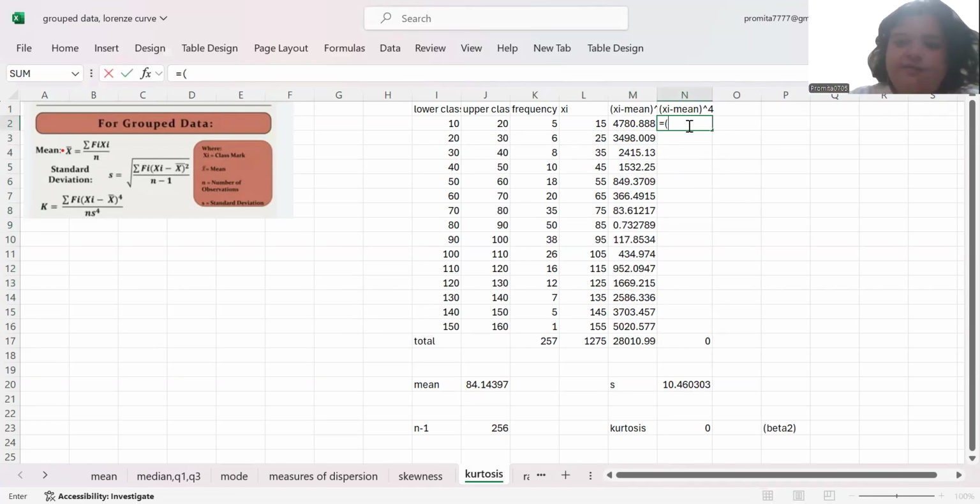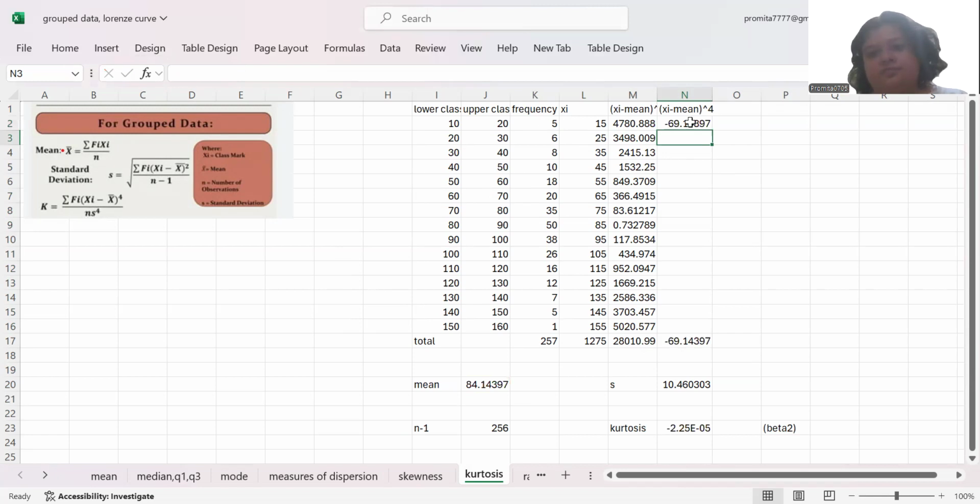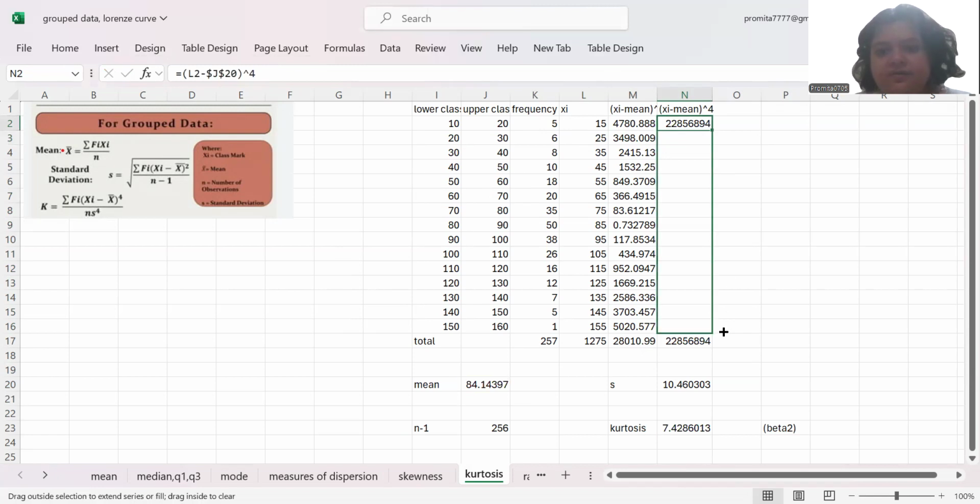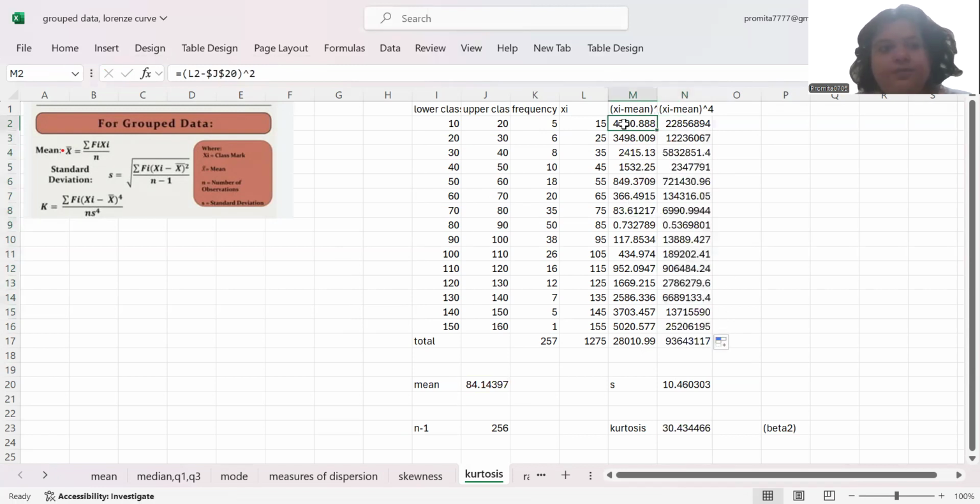And next we have this minus mean, and we are again fixing the cell using the dollar sign. And then we drag and drop.